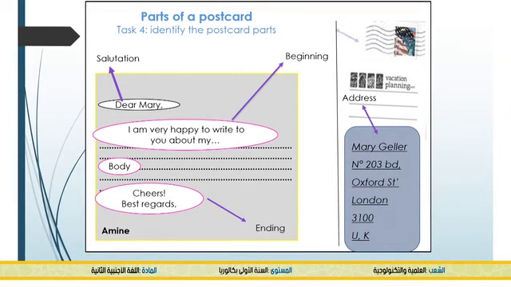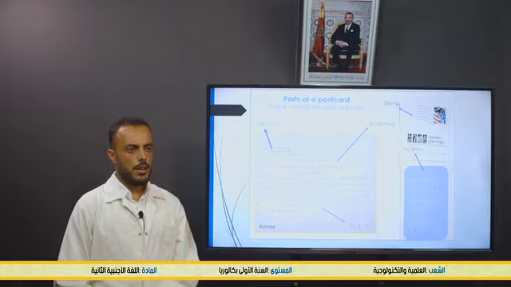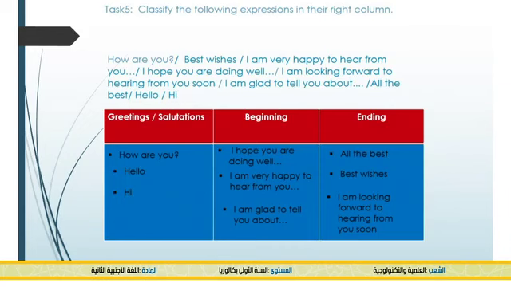And above it, we have something there. What do you think that object is? It is a stamp, okay? So we also always need a stamp to send a postcard. We are going to see more details about these parts in the coming sections. Very good. Let's move now to the next slide.